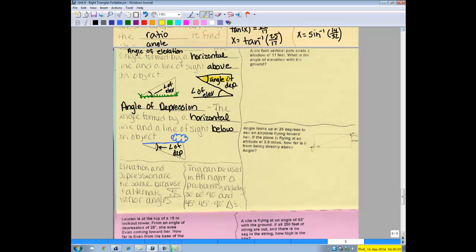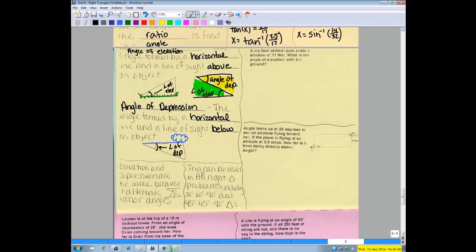So, angle of depression and angle of elevation. Elevation and depression are the same because of alternate interior angles. So this angle right here and this angle right here would be the same.